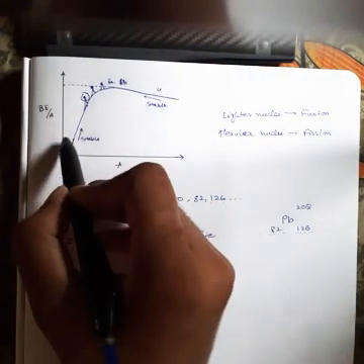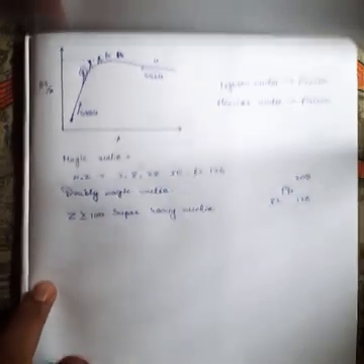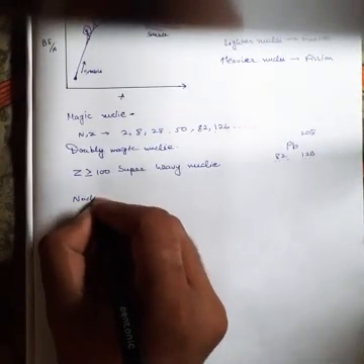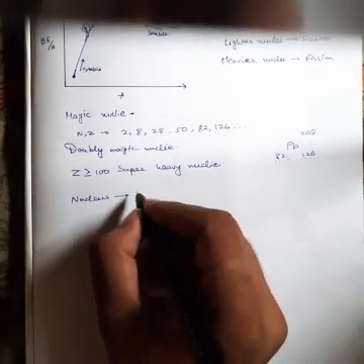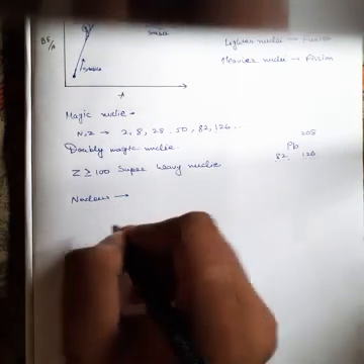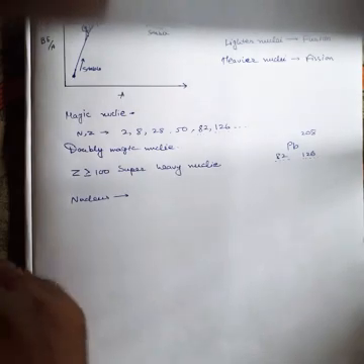Now why exactly is the graph like this? A nucleus has two forces, between the neutron and proton, between the proton and proton, and between the nucleons.